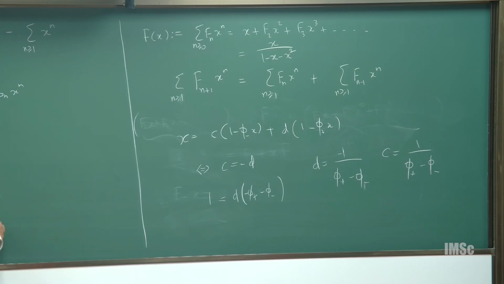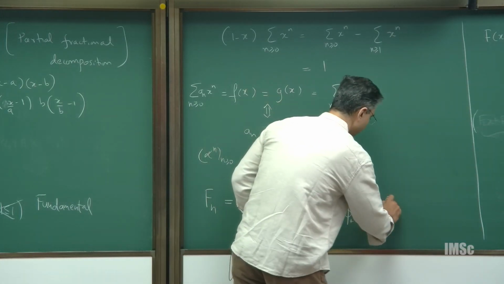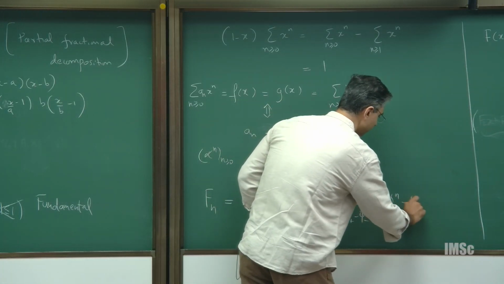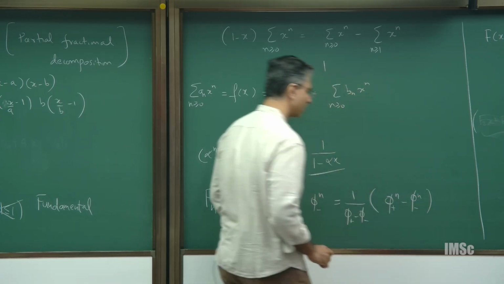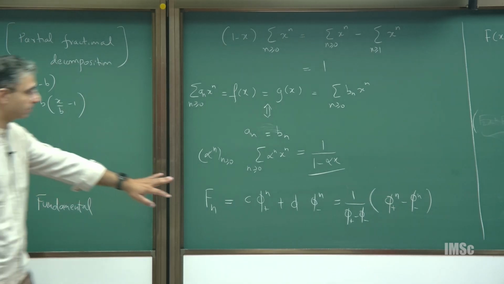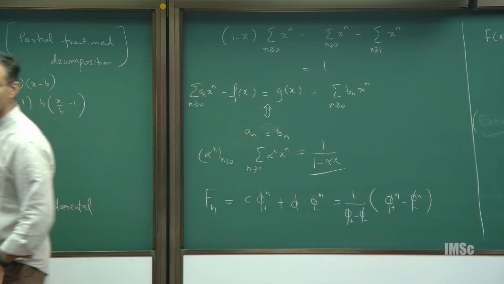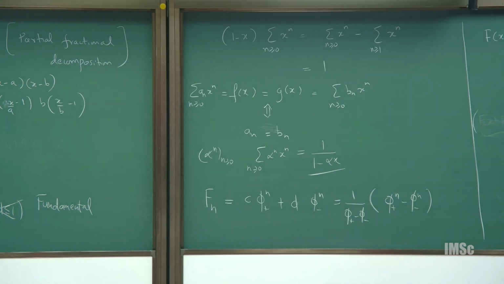So, what we get is, this is 1 upon phi plus minus phi minus into phi plus raised to n minus phi minus raised to n. Okay. This is the formula for the nth Fibonacci number.